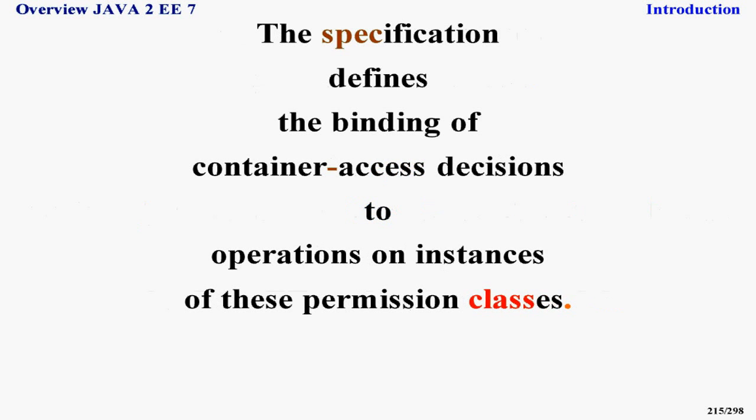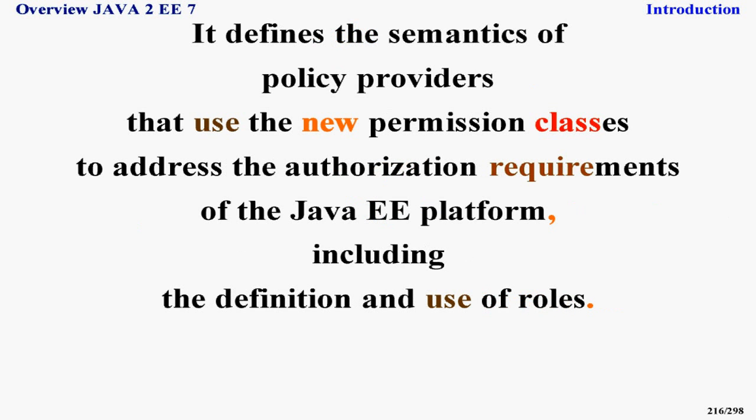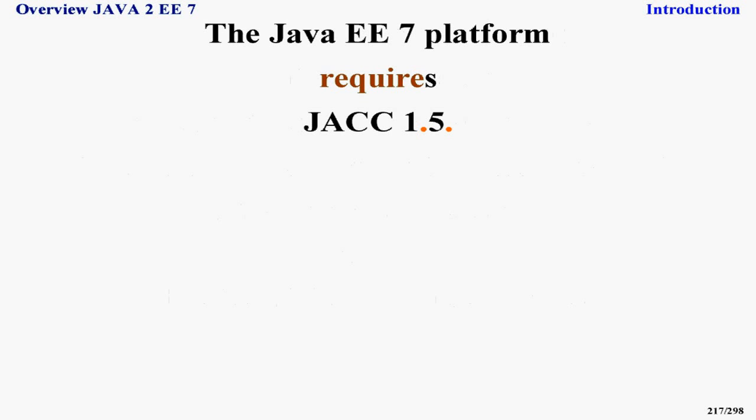The specification defines the binding of container access decisions to operations on instances of these permission classes. It defines the semantics of policy providers that use the new permission classes to address the authorization requirements of the Java EE platform, including the definition and use of roles. The Java EE 7 platform requires JACC 1.5.